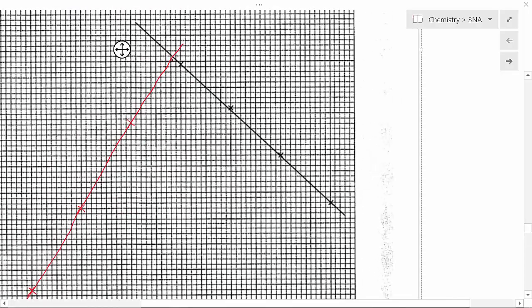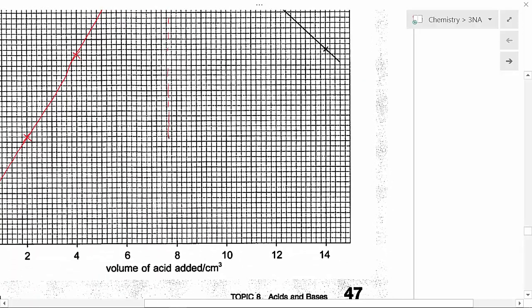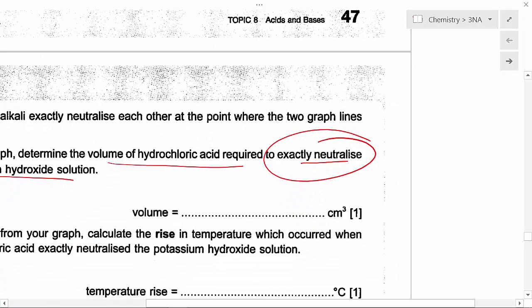So actually here, if you read down, the volume needed is around here, about 7.7.